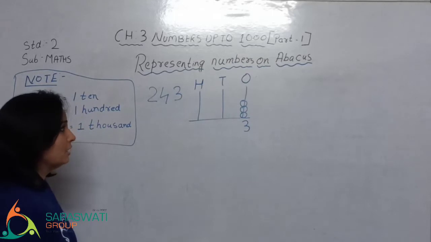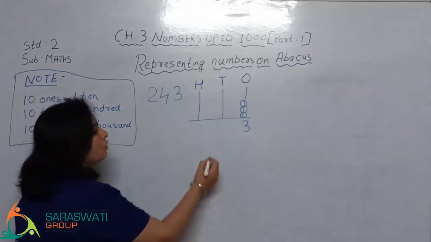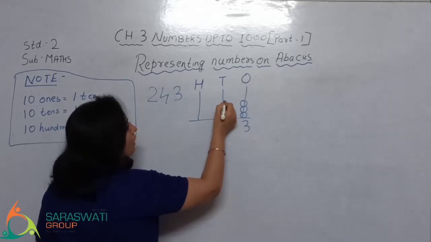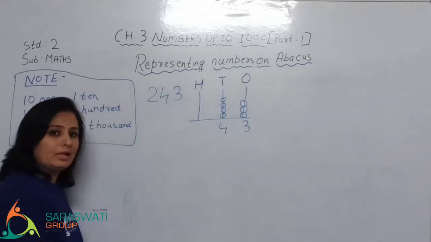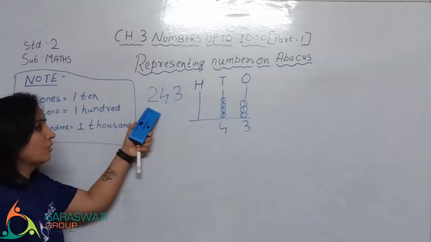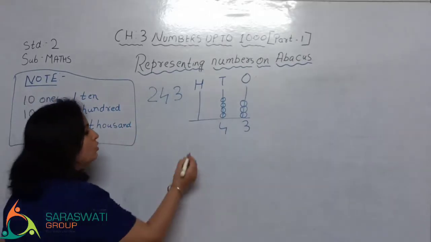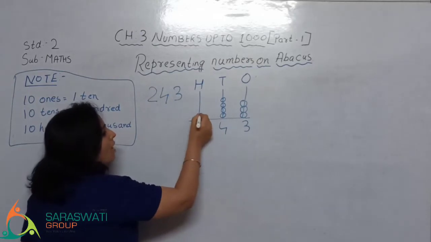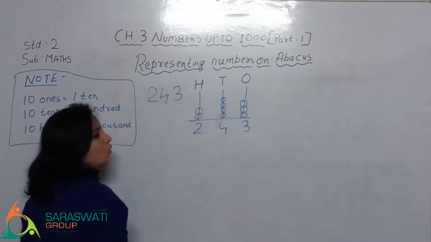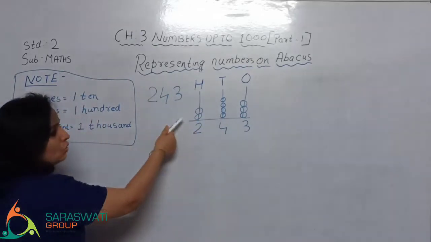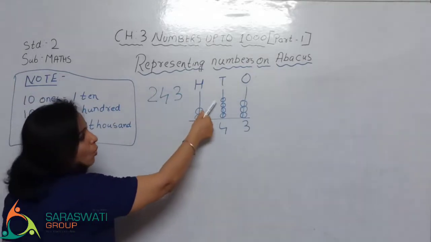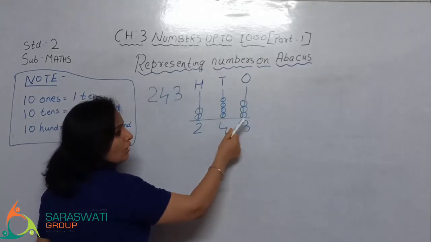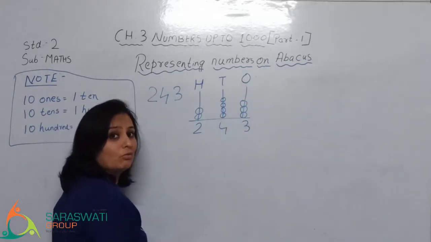Then at tens place, 4. So, 4 and 1, 2, 3 and 4 beads. Right? And at 100, how many? 2. So, 2. And how many beads? 1 and 1, 2. So, what can we say? 200, 40 and 3. Right? So, how we will say?